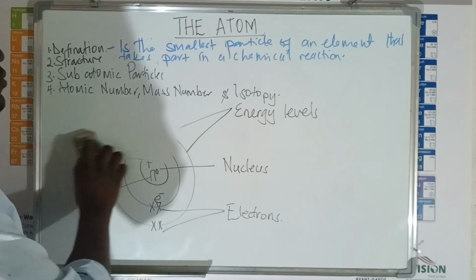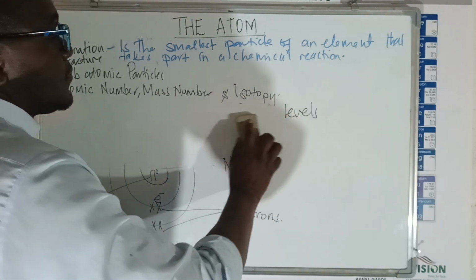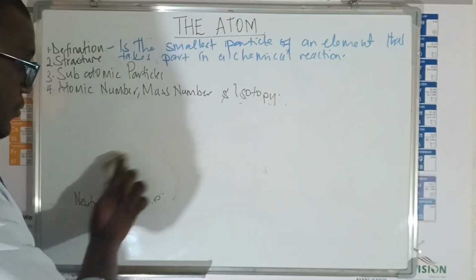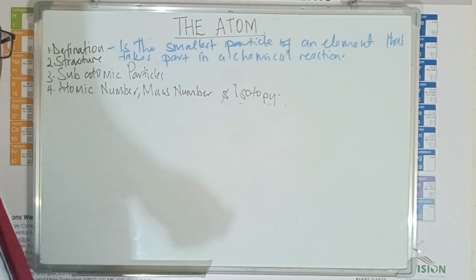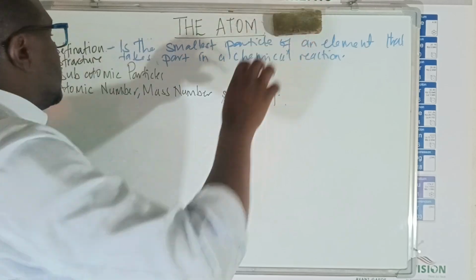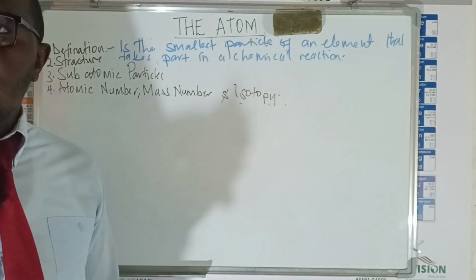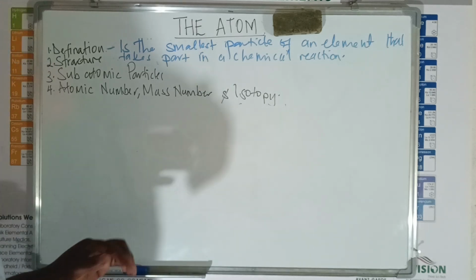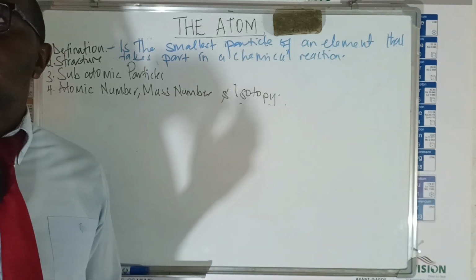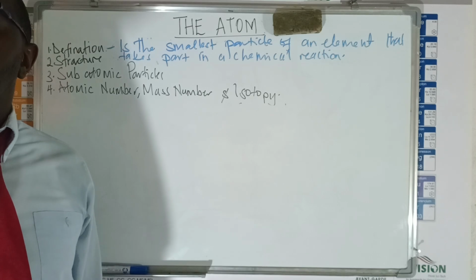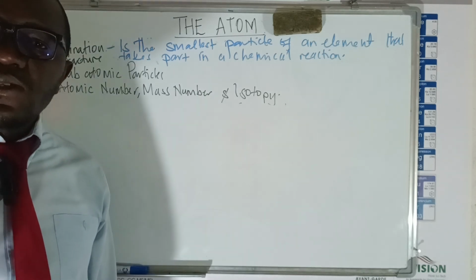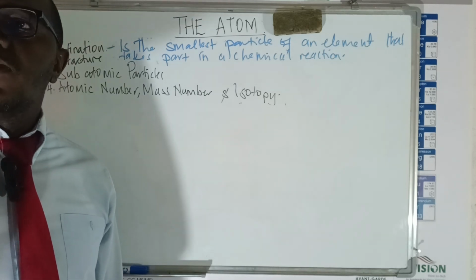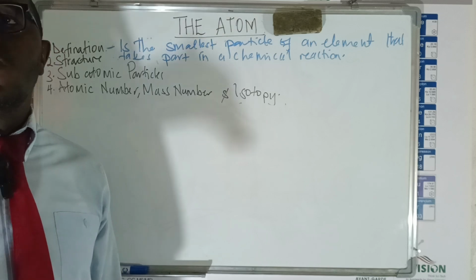So that one brings us to the next thing that we want to look at tonight under the atom. We want to look at the subatomic particles. Now, subatomic particles is what we've just mentioned here. So the subatomic particles, we have the electrons, we have the protons, we have the neutrons.